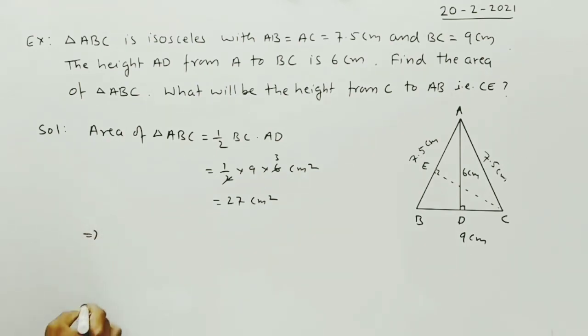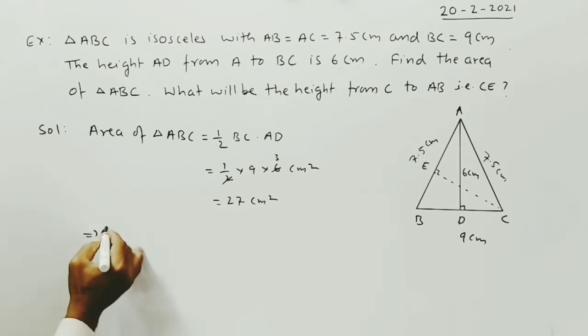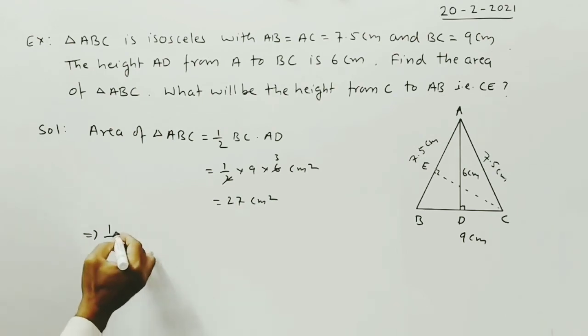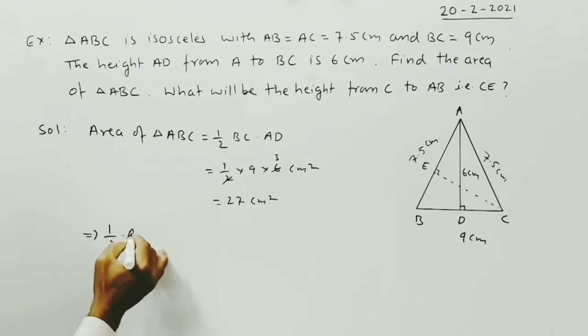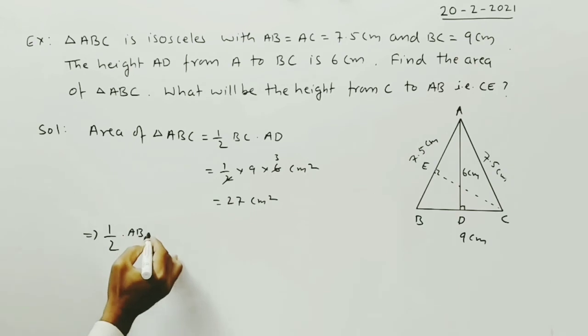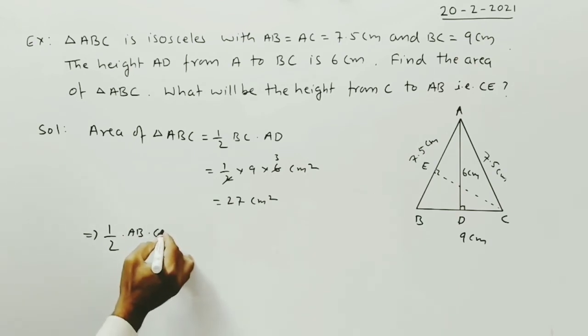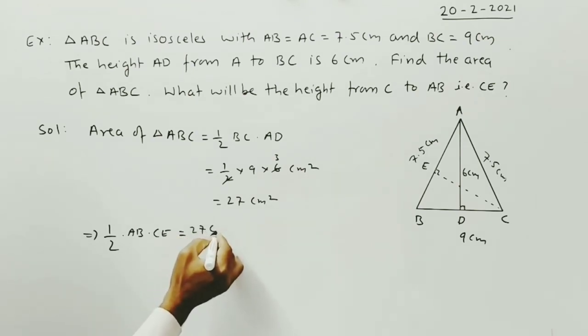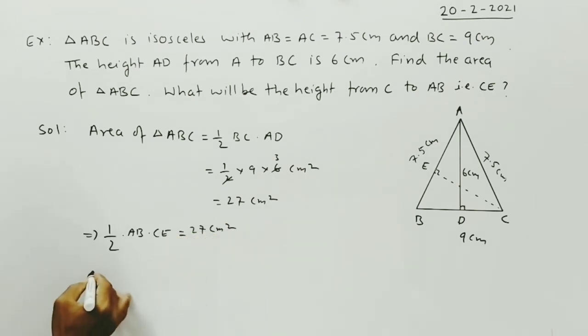This implies again area of triangle ABC by taking AB as base and CE as altitude, 1 by 2 into AB into CE is equal to 27 square centimeter.